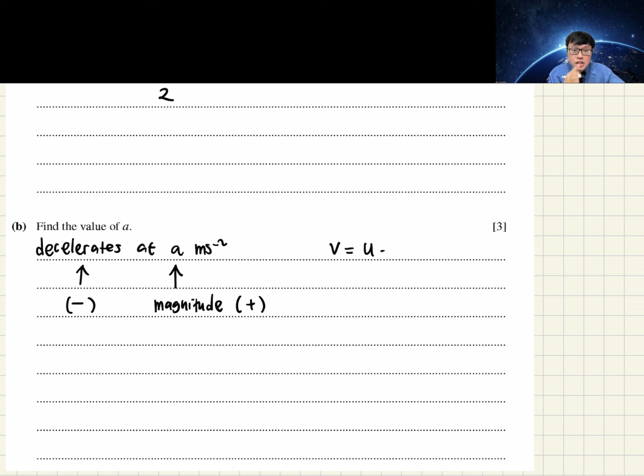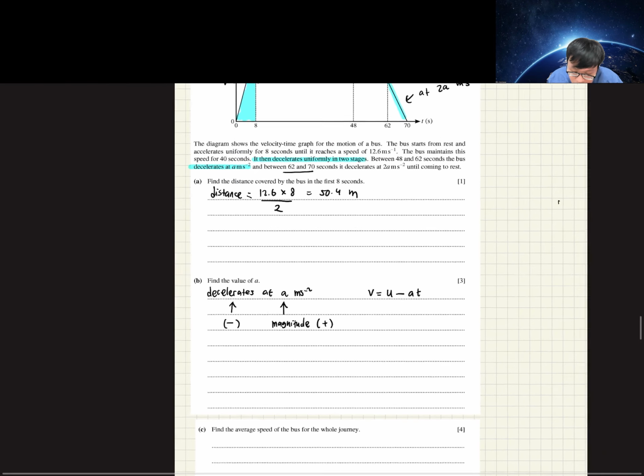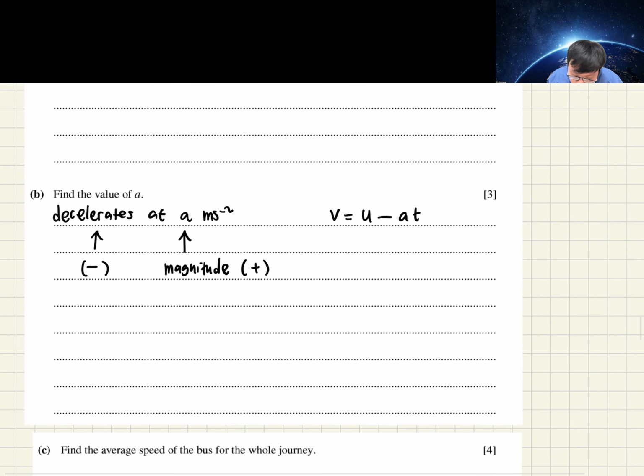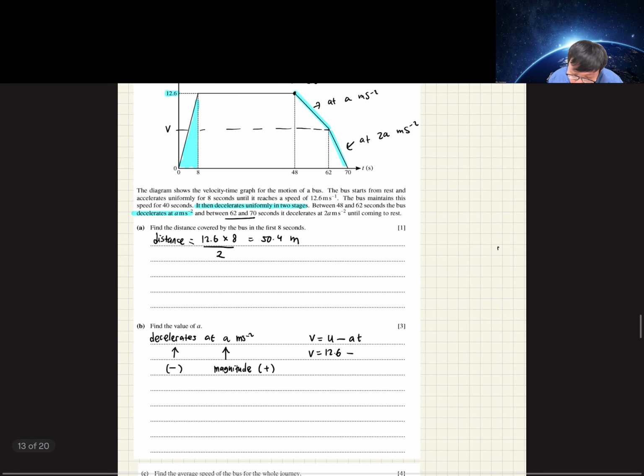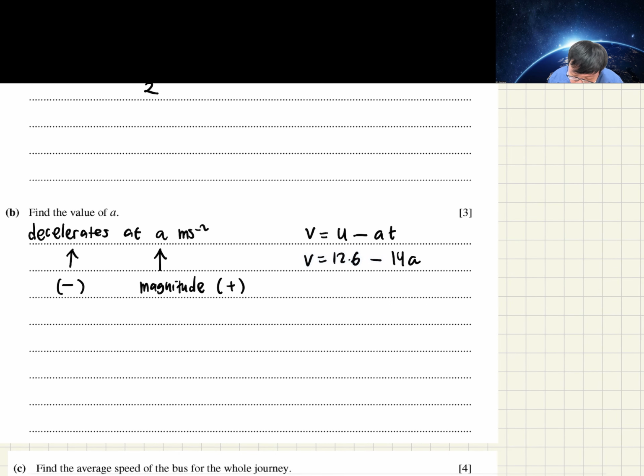But in this case, deceleration means the value of A is positive, so we write U minus AT to make sure the value of A is positive. We don't know V. U is 12.6 minus the time interval from 48 to 62, which is 14, so 14A. This is the first stage of deceleration.